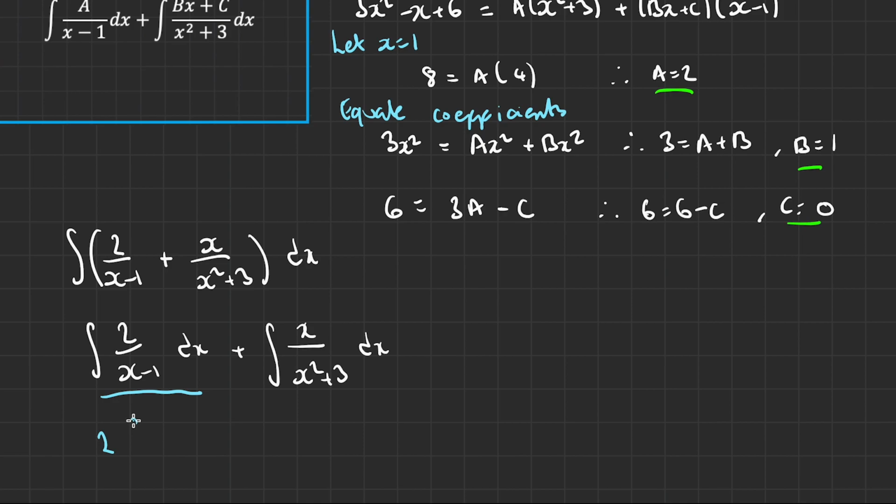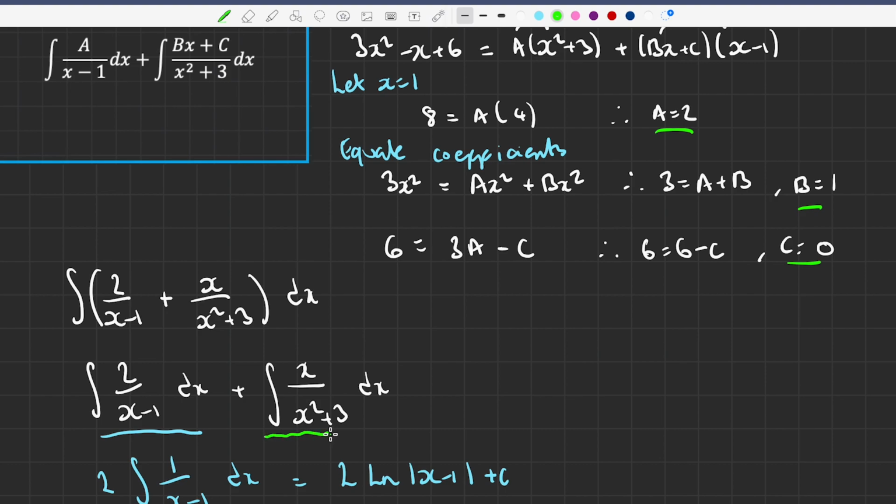So we have 2 times the integral of 1 over x minus 1 with respect to x. And the integral of 1 over x minus 1 is the natural log. So we have 2 times the natural log of x minus 1 plus the constant term. And the second integral we'll do in green.